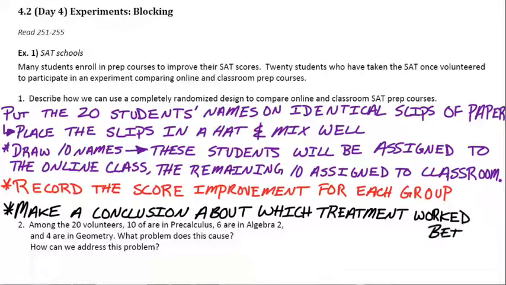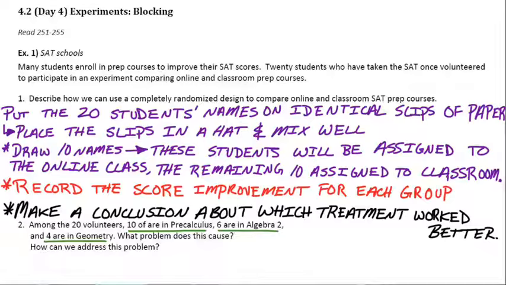So which treatment worked best? I try to write this in as few words as possible: randomize, assign to treatments, what are you going to look for, and then what are you going to make your conclusion about?